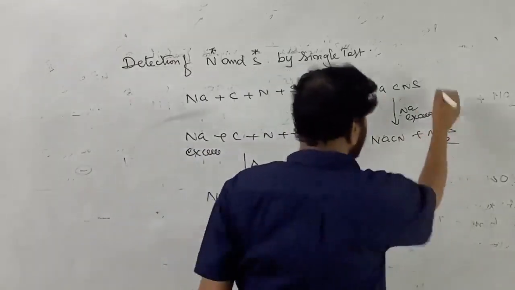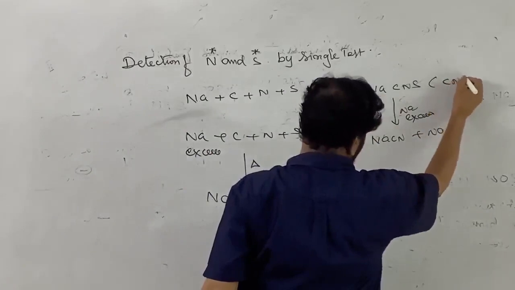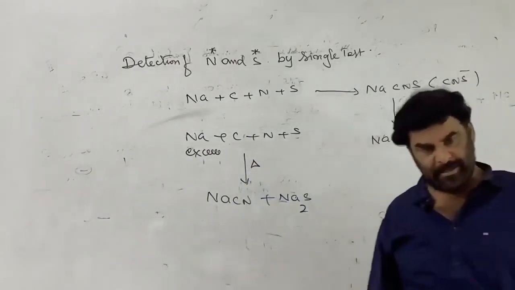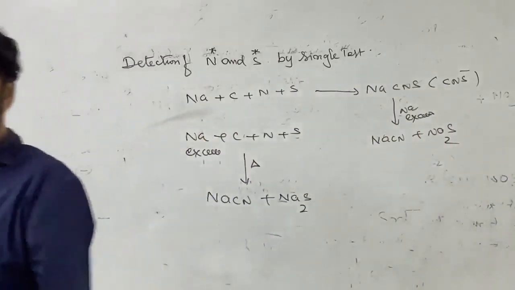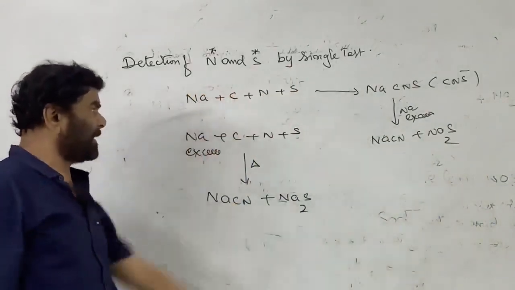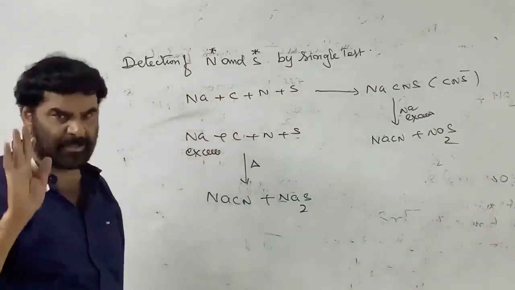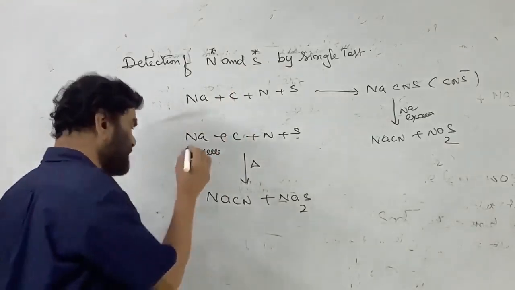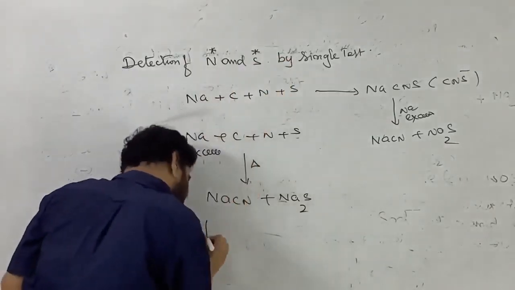Here the anion is CNS, the thiocyanate ion. It is not a cyanide ion, it is not a sulfide ion, it is the thiocyanate ion. Thiocyanate reactions are different. If the given organic compound contains both, you always use excess sodium to prevent this problem.